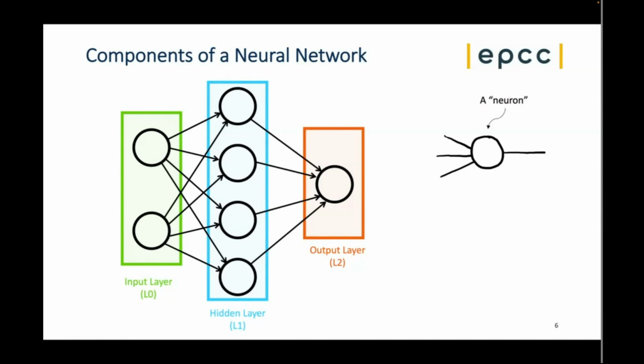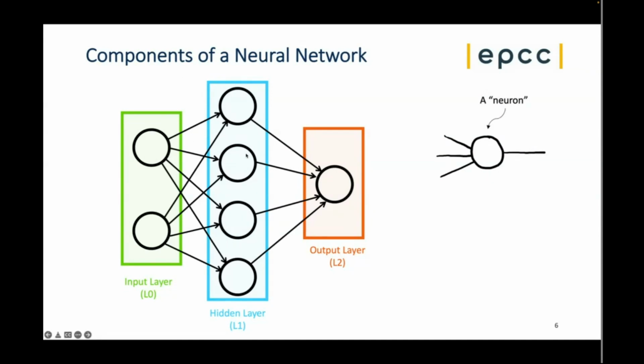The original ones always had fully connected layers, which means every node in one layer is connected to every node in the next layer. But you don't have to do that, and we'll talk about that when we come to different architectures of neural networks. Okay. Thank you.